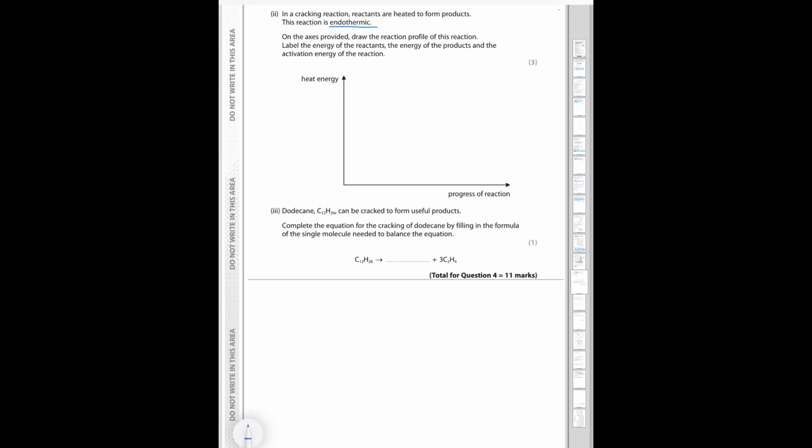So if we draw our profile diagram, it would look like this, and we would have our reactants with less energy, our products with more energy, and the activation energy is going to be the total amount of energy that we had to put in. So if we draw a line across here, this amount here from our reactants to the top there is our activation energy.